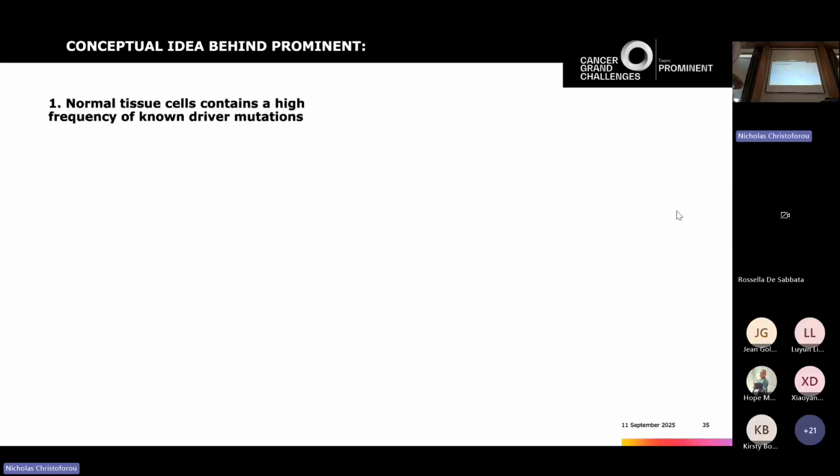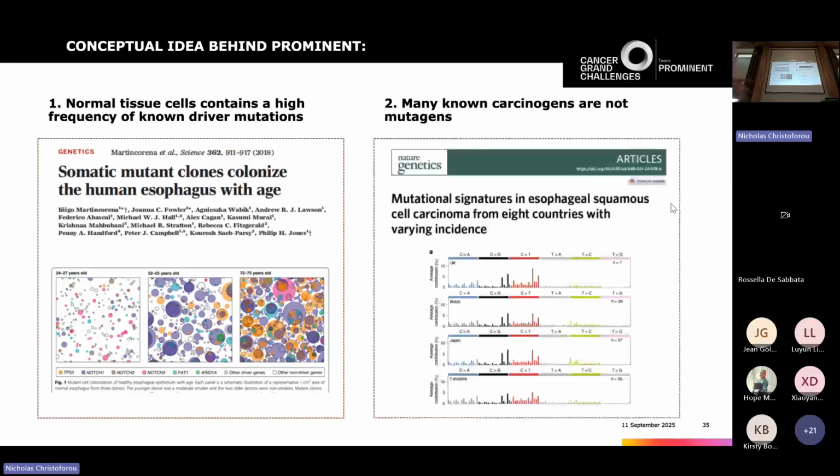So I'm sure many of you know, but the conceptual idea behind PROMINENT really came from 2 main observations. Firstly, that if you look at normal tissues, they contain a very high frequency of cells with known driver mutations, and this tends to increase with age. So even though the tissue remains healthy and not cancerous, we know that there are a lot of cells with known cancer driver mutations within those tissues.